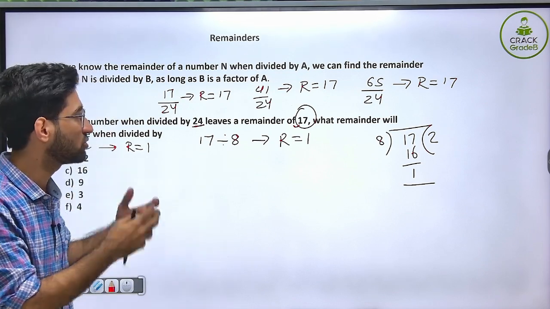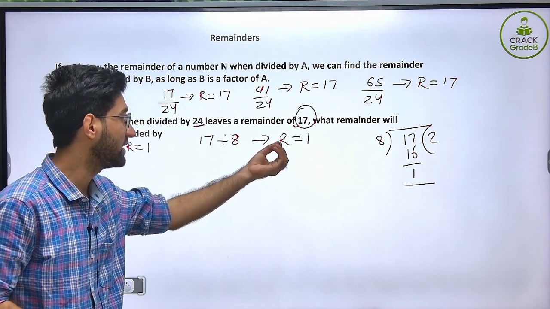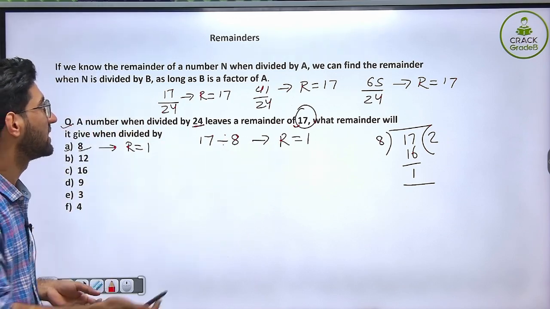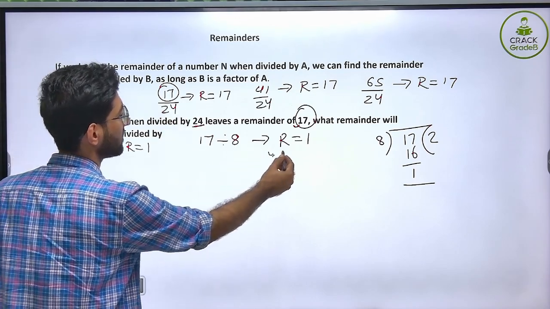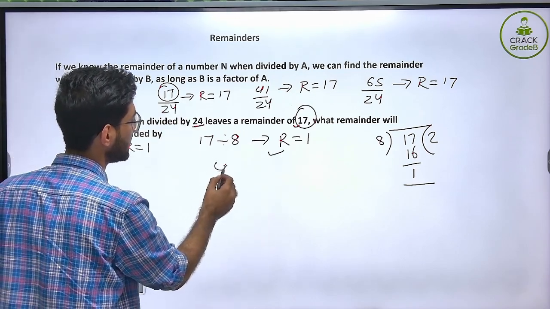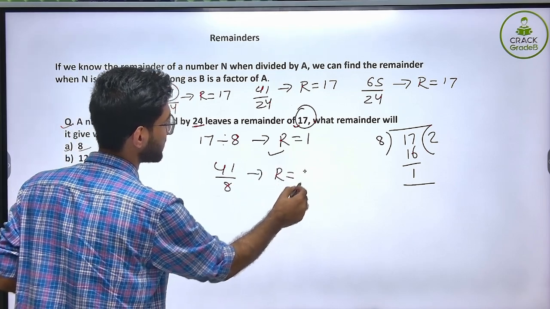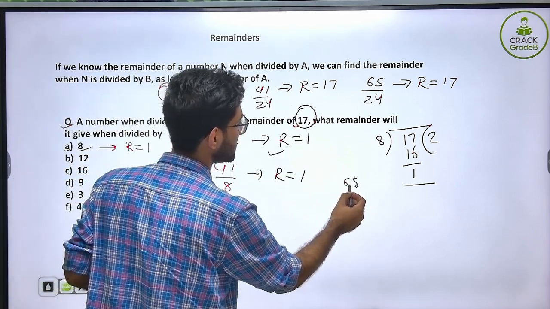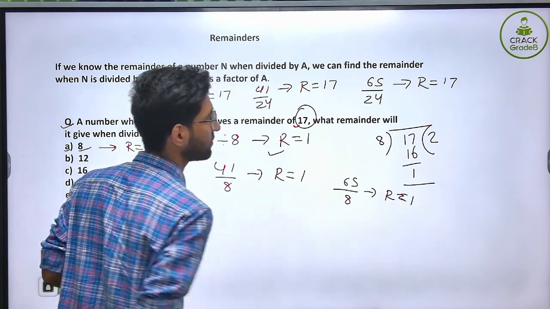We are just trying to show you why we are saying that the remainder is 1 if the number is divided by 8. Simple. You can divide 17 by 8 and you get remainder 1. You can even divide 41 by 8 and you will get remainder 1. You can even divide 65 by 8 and you will get remainder equal to 1, right?